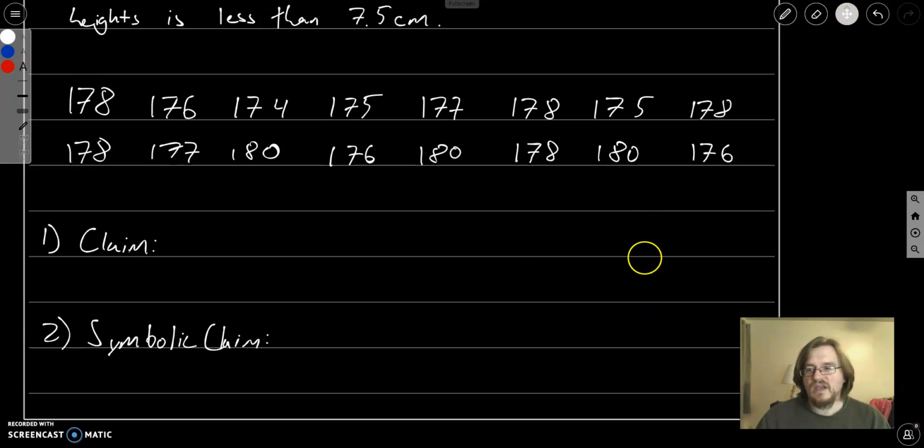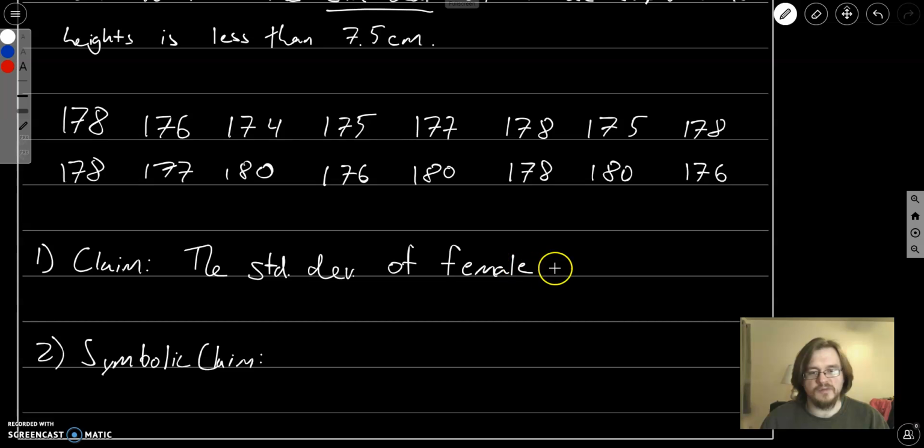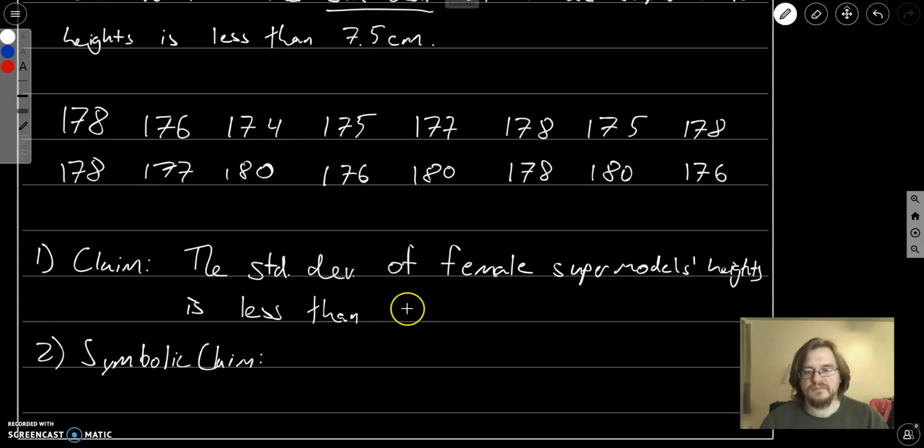We can begin by just writing down that the claim is that the standard deviation of female supermodels' heights is less than 7.5 centimeters.